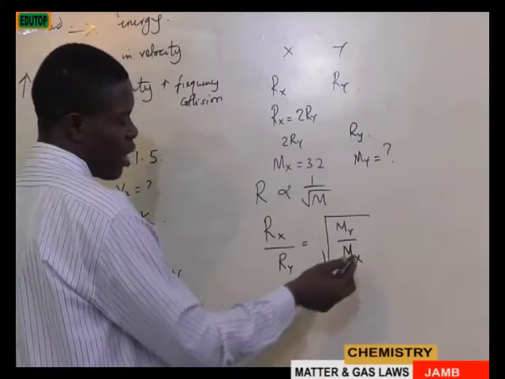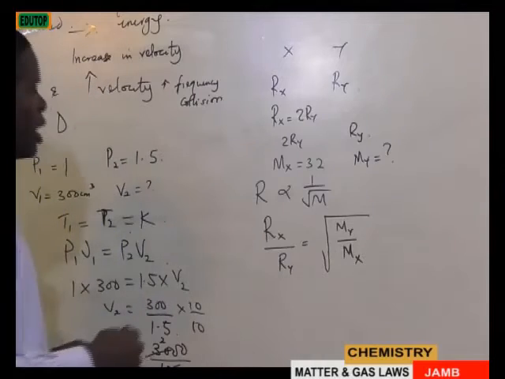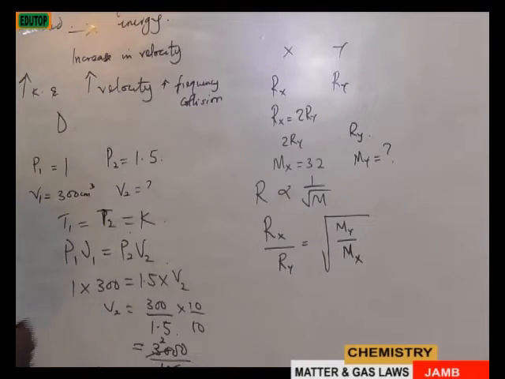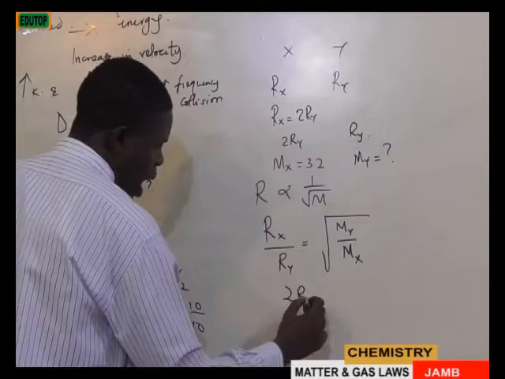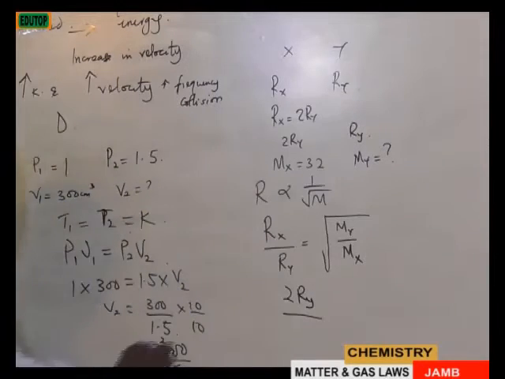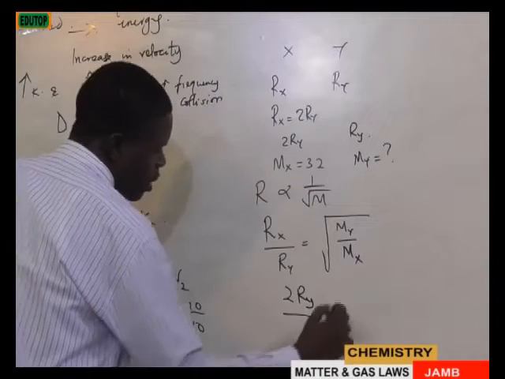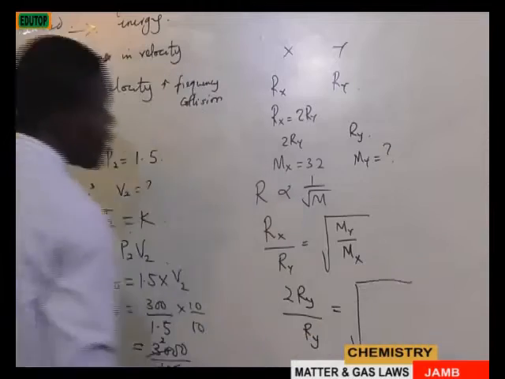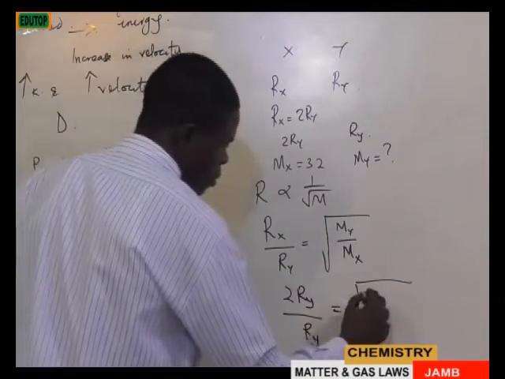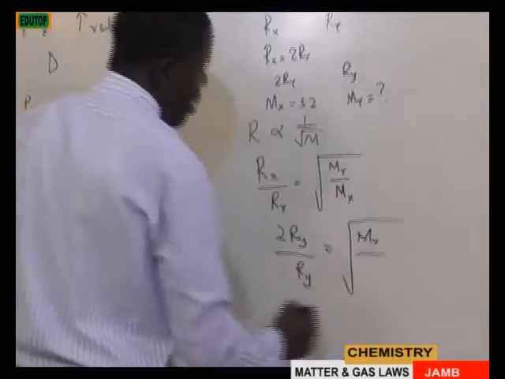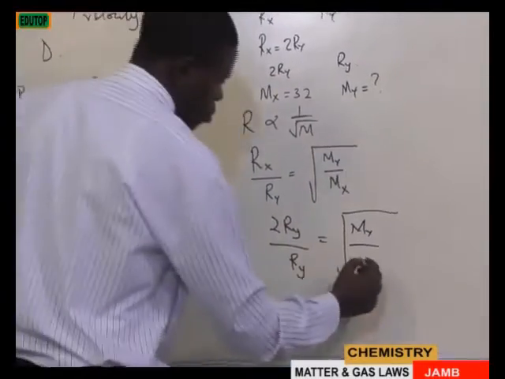But because they are inversely related, you see this one down and this one up. Then, what is Rx according to the question? That's 2 Ry. What is Ry? Ry remains the same. What is My? That is what we are looking for. And what is Mx? Mx is 32.